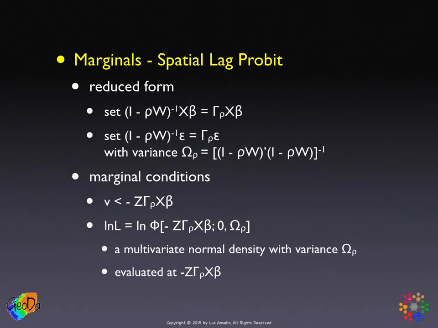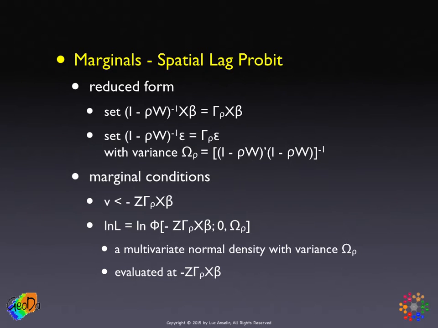That's why we have gamma sub rho. And then for the error term, same thing. We also have this inverse transformation, I minus rho W inverse times the error term, and we write this as gamma sub rho times the error term, because the variance is a function of the rho parameter in the spatial autoregression, and the variance is the familiar matrix inverse that we've seen many times before, I minus rho W prime, I minus rho W.